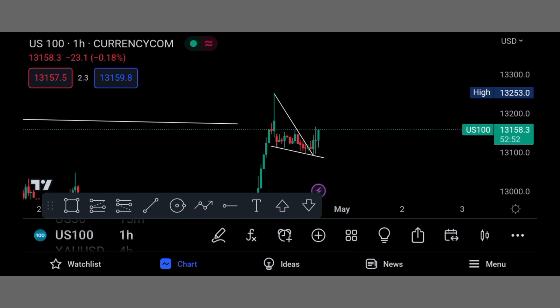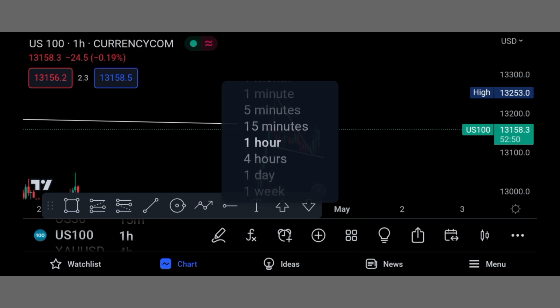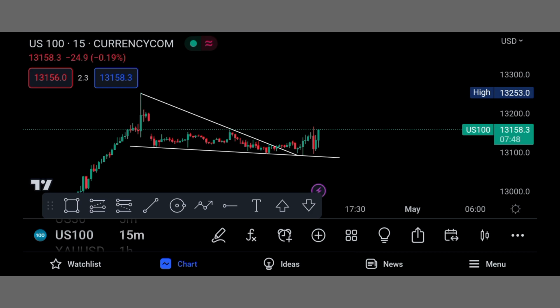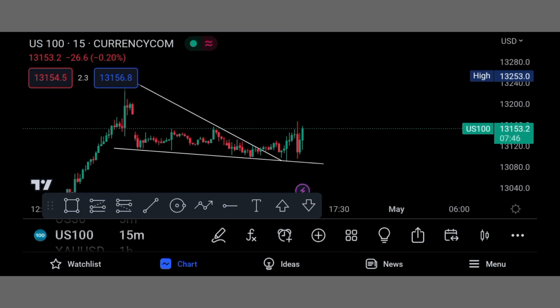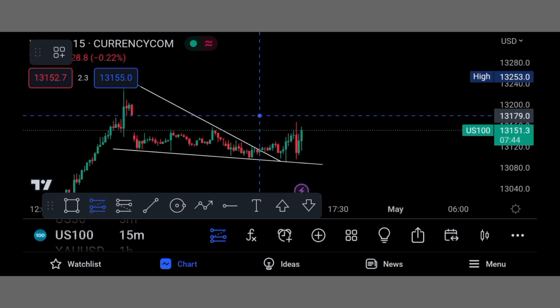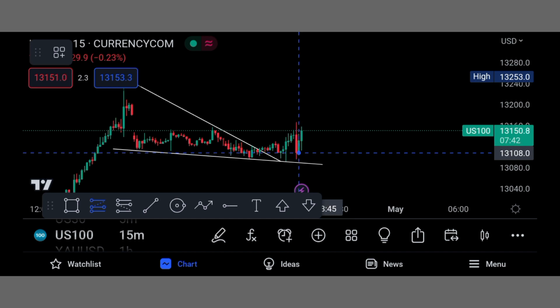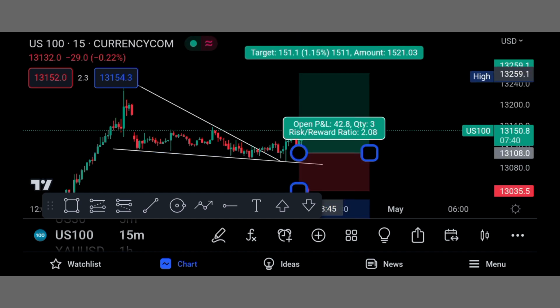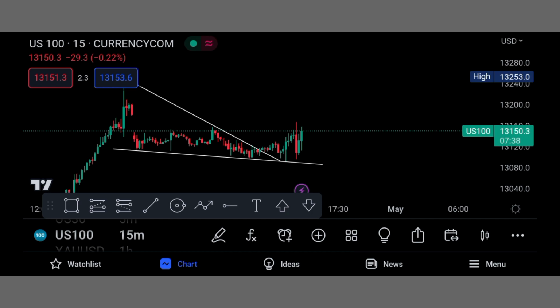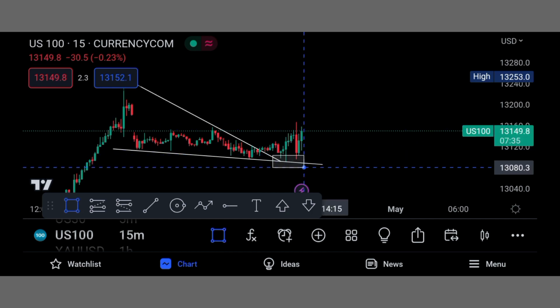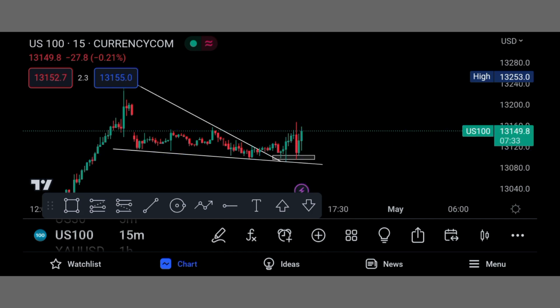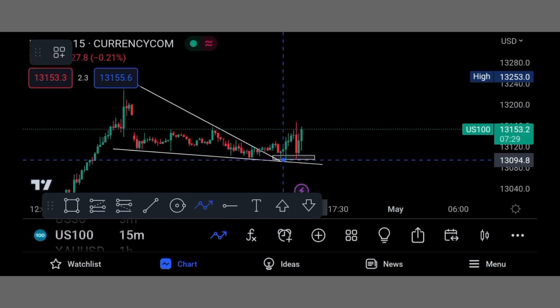So if we head over to the 15-minute time frame, you could have seen that here could have been our entry, right? Why? We have our support zone, and this gave us a double bottom.